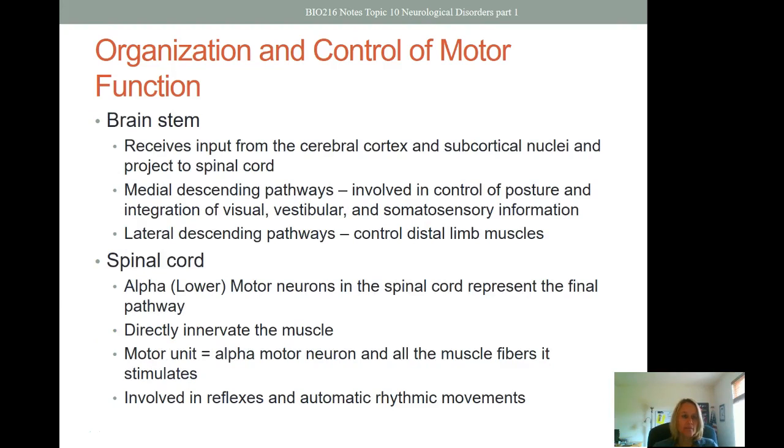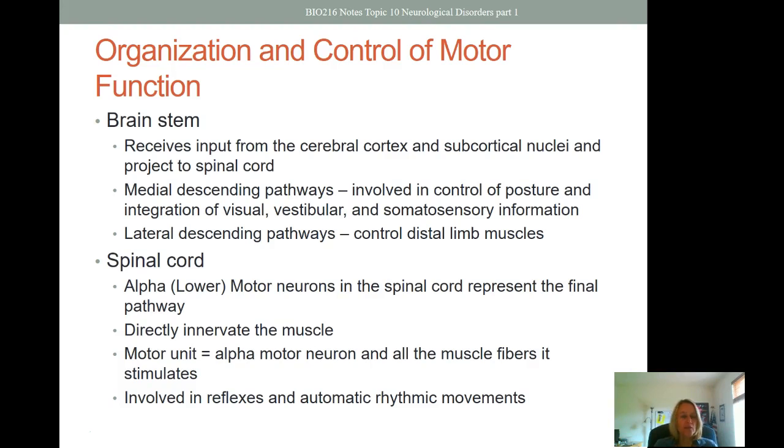The brainstem receives input from the cerebral cortex and subcortical nuclei, such as the basal nuclei. The medial descending pathways are involved in control of posture and integration of visual, vestibular, and somatosensory information. The lateral descending pathways are involved in controlling distal limb muscles.